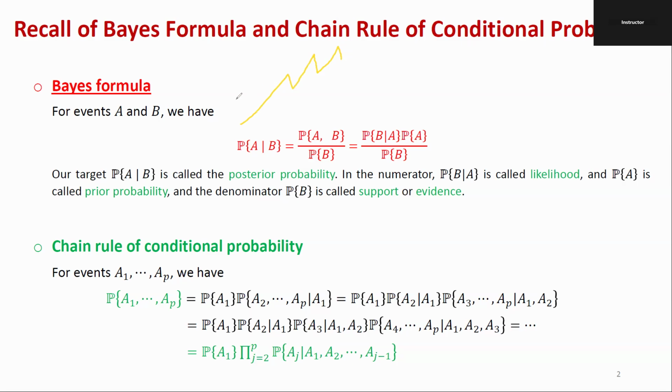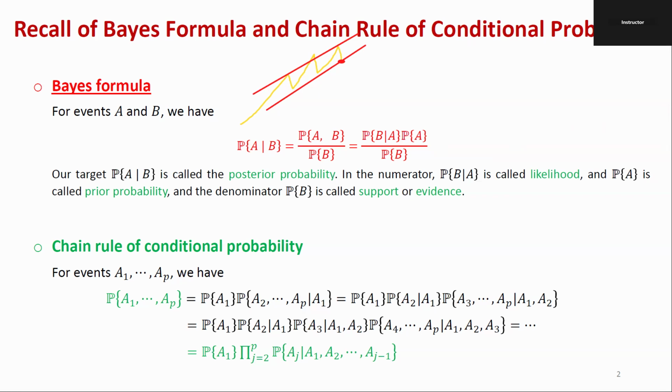Suppose we see one, two, three such waves, where the top of each wave is increasing and the bottom of each wave is also increasing. Now suppose I am at this point here.